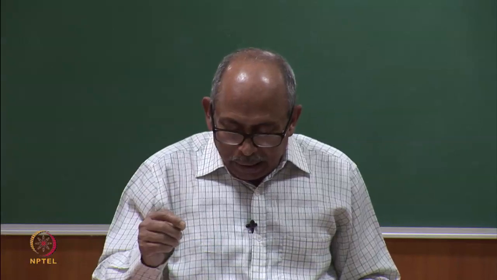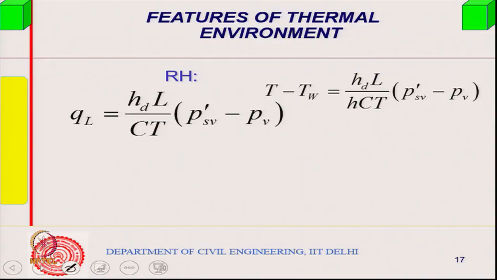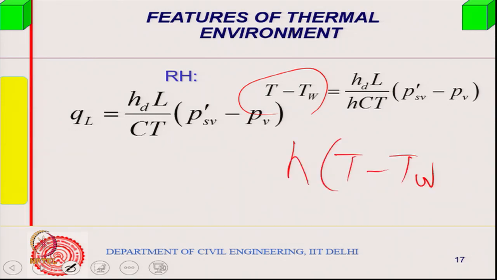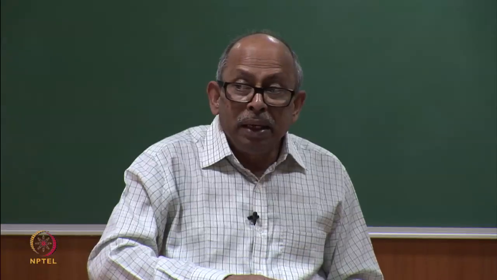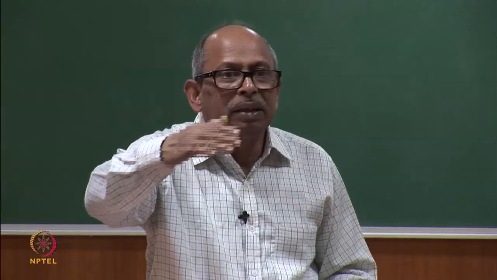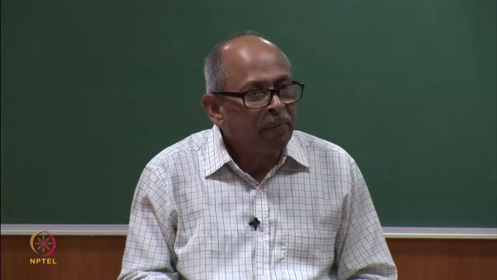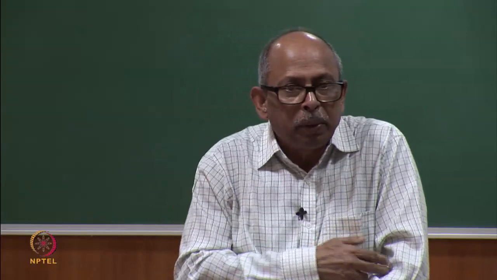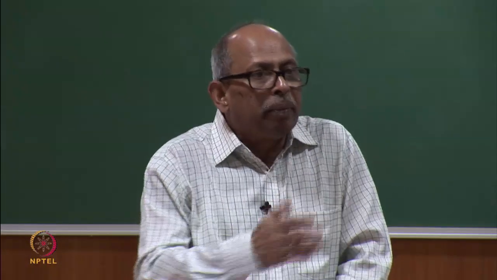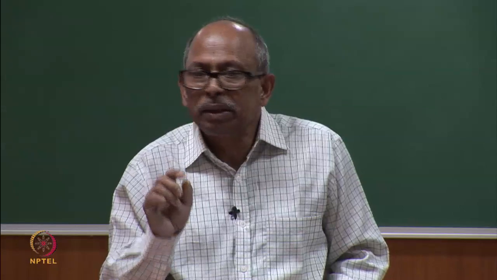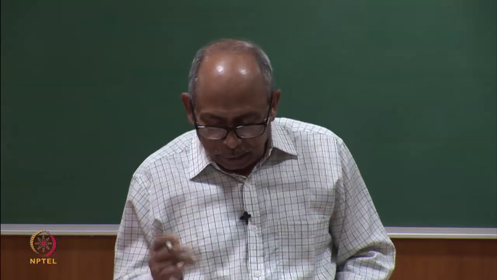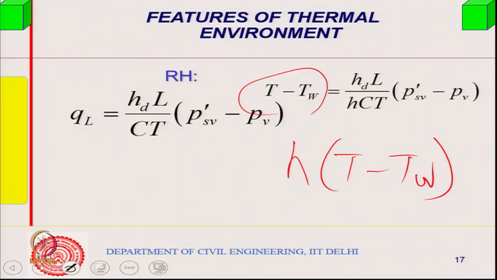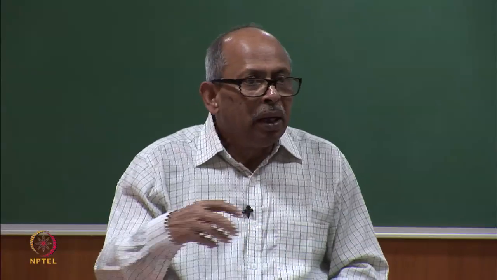So, H into the convective term: Tw exists near the surface, the wet bulb temperature is near the surface, and away from the surface it is the dry bulb temperature, because it is fully saturated near the water body where the evaporation is taking place, let us say skin or wherever it is. So, the wet bulb temperature will exist where it is near. So, the heat transfer is given by this convective heat transfer, heat comes because of convection, air and near the surface water body or whatever it is.